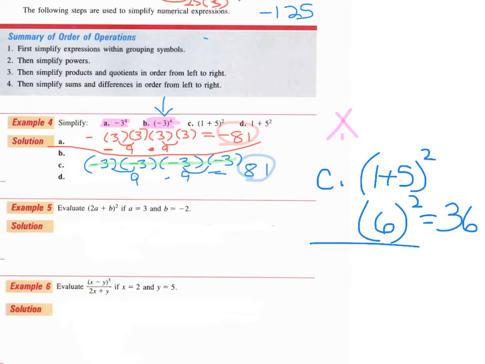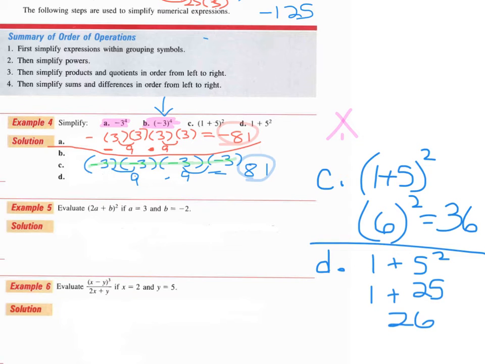Now on part D, it sort of looks like it's the same, but it's not. I cannot add first. I need to evaluate the exponent first. So I'm going to do 5 times 5, which is 5 squared, and then add the 1, and I get 26. So you must follow order of operations when you're simplifying these exponents.